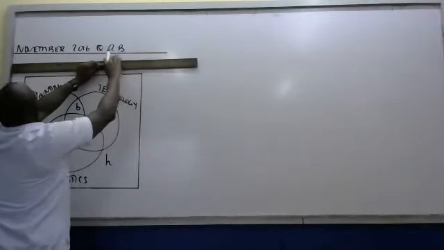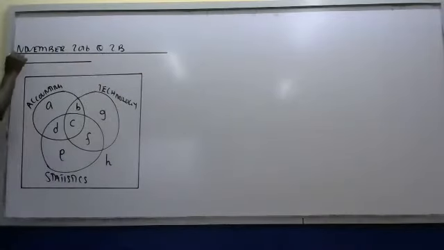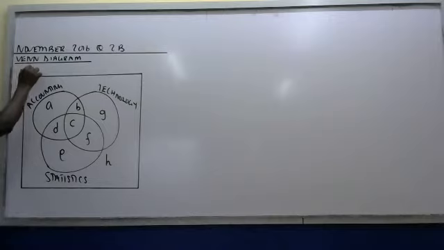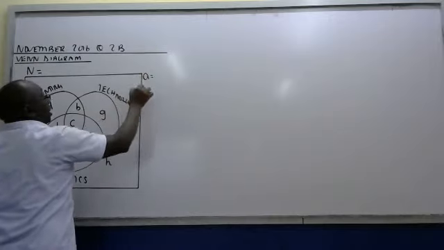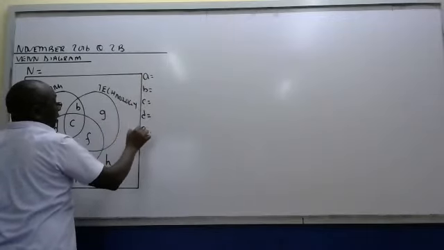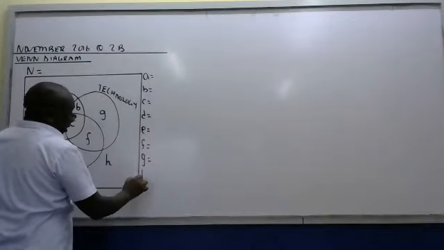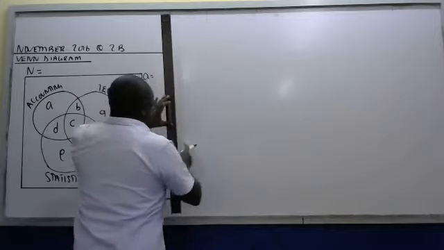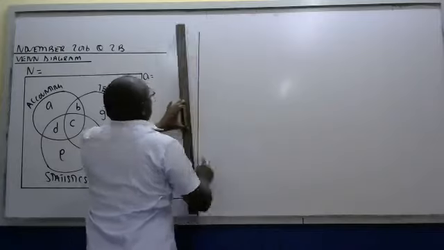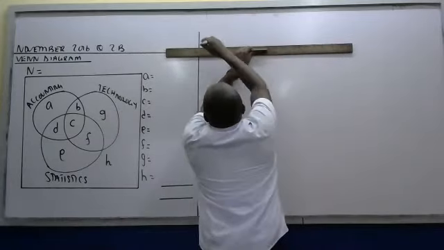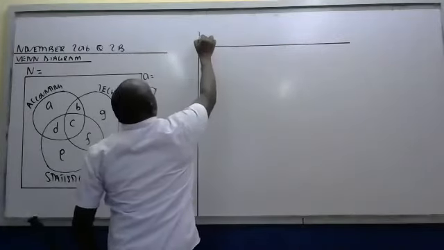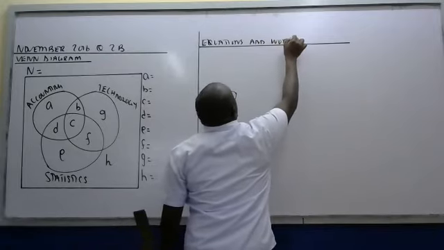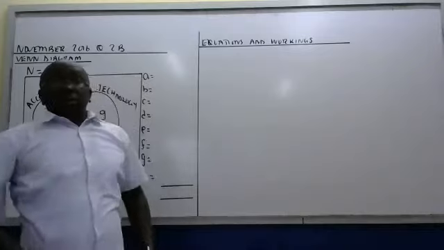So we are drawing the Venn diagram. This is A, B, C, D, E, F, G, H. So we have equations and workings.